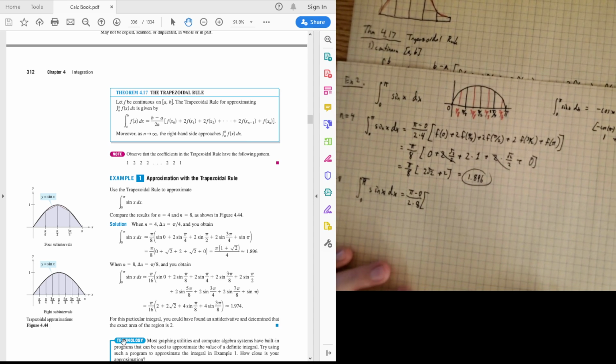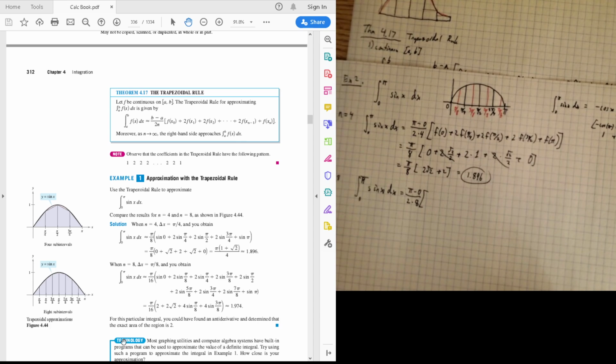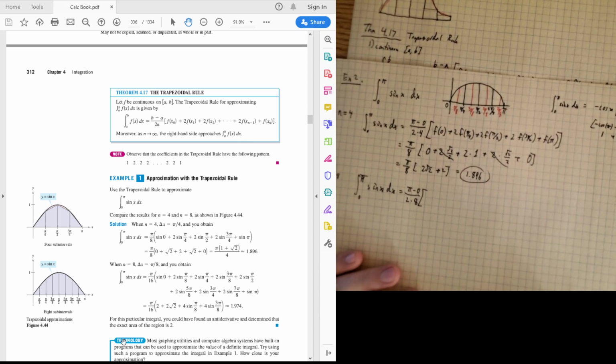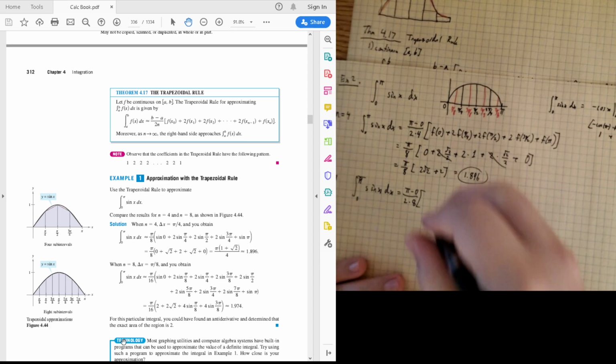Now I have to plug in all these values. So we plug in.